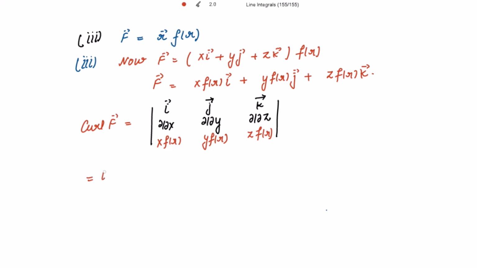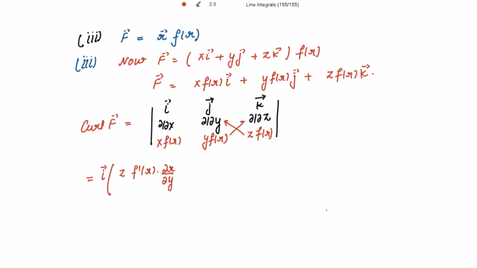That is equal to i vector. So this is ∂/∂y of z f(r), that is first function, z, times the derivative of the second function with respect to y, that is f'(r) into ∂r/∂y, right? Then plus the second function differentiating z with respect to y, that is 0.